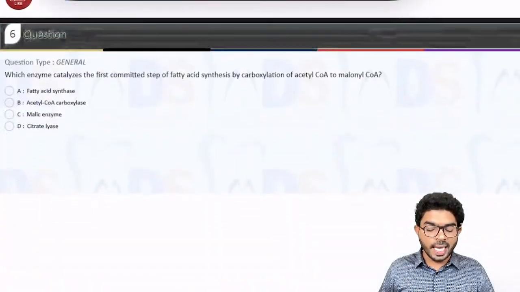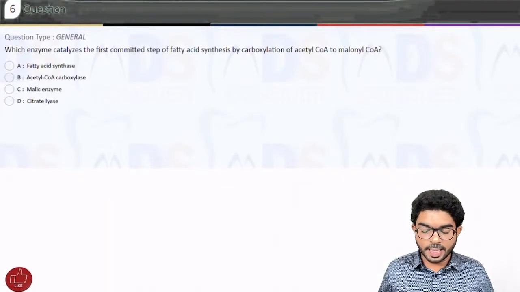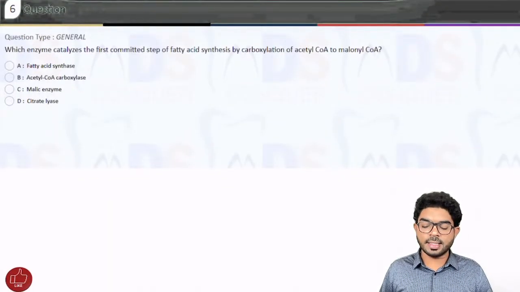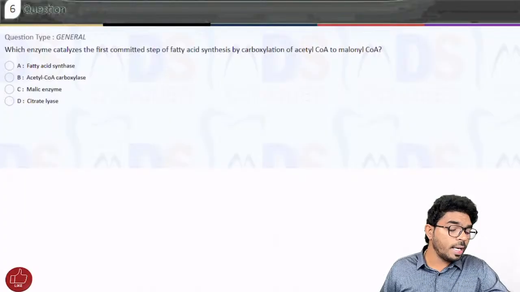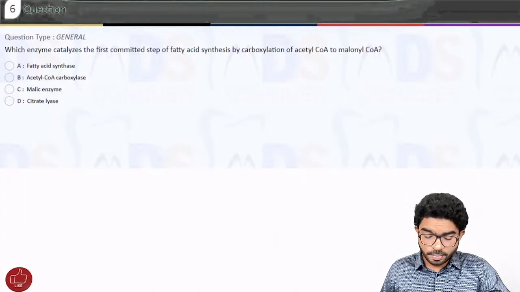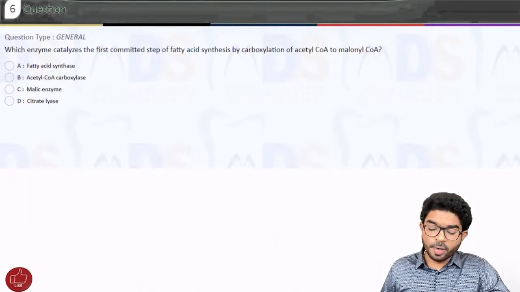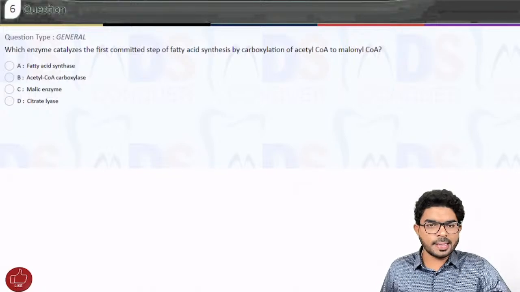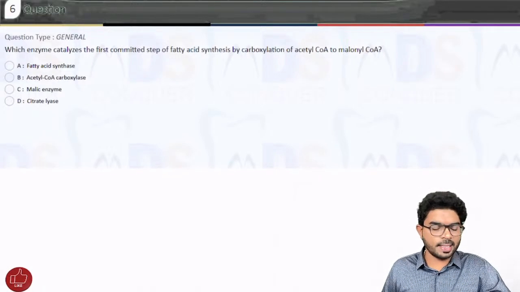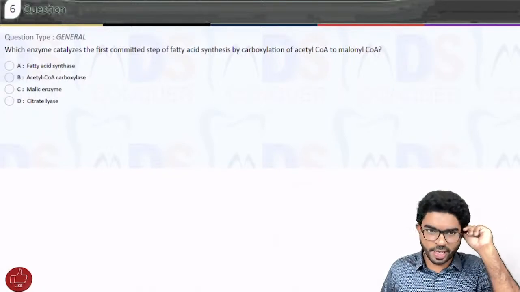Now, which enzyme catalyzes the first committed step of fatty acid synthesis by carboxylation of acetyl-CoA to malonyl-CoA? Okay, right. So we need to have a clear-cut basic idea about fatty acid synthesis: where it occurs, how it occurs, what the enzymes are, what the basic things are that are happening. That manipulation, everything is very, very important.